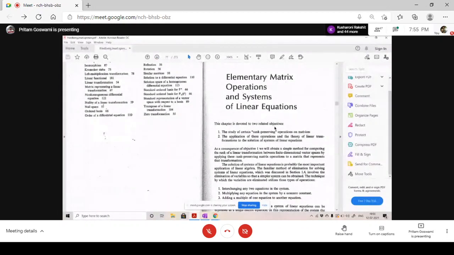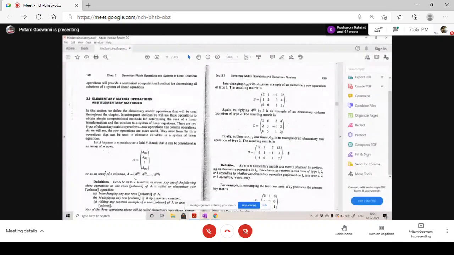You have learned in like 7th or 6th standard the elimination method. The elimination method is basically that you have a system of linear equations, 3 equations, 3 variables, and you have to solve for the 3 variables.